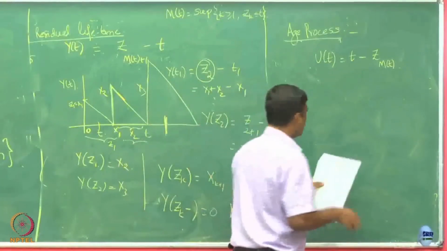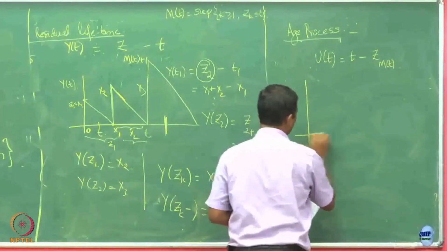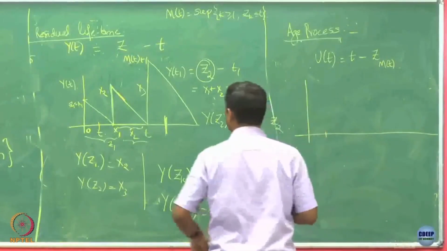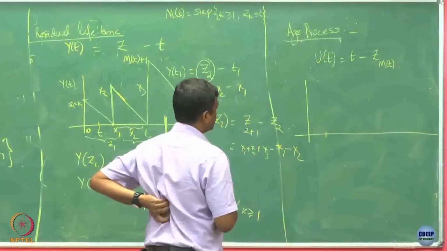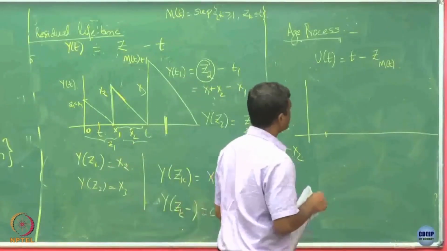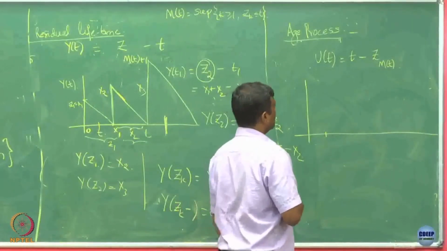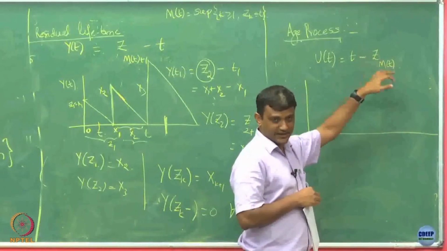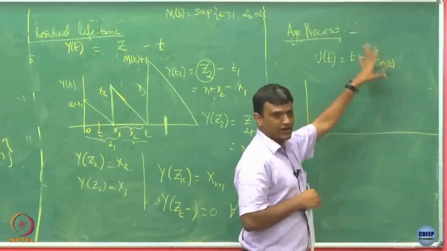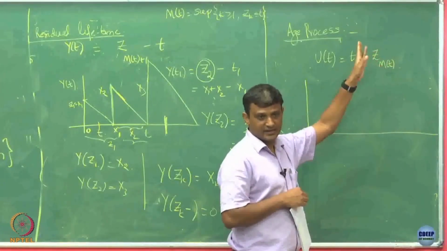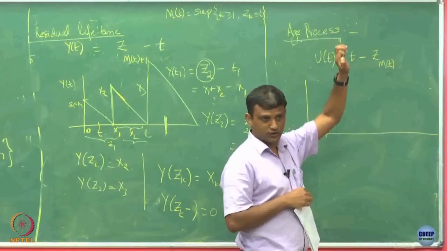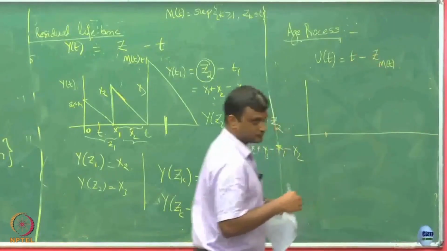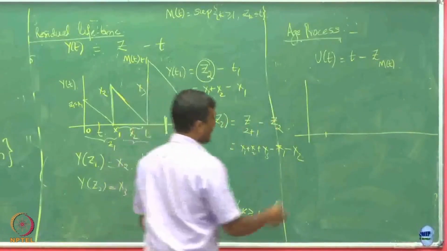So let's plot this. At time t equals 0, m of t let's take as 0, and z of 0 let's take as 0, because the z process is defined for k greater than or equal to 1. So at time t equals 0, what is its value?